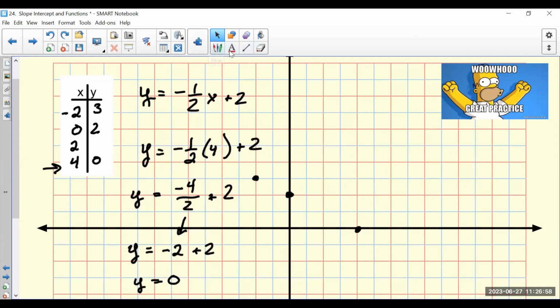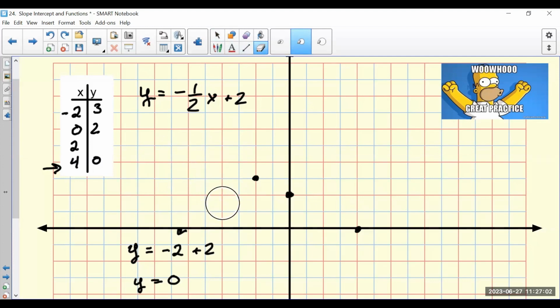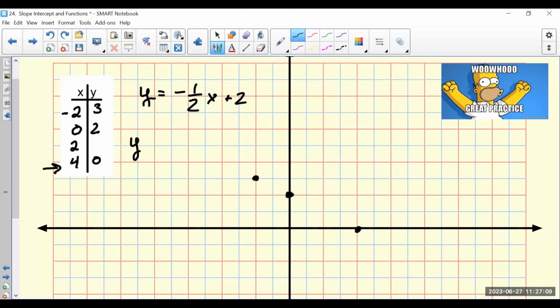Way more sense. Now, just because I messed that one up, let's go back and do 2, because stuff happens. All right. Y is equal to -1/2 of 2 plus 2. Y is equal to -1/2 of 2 would be -2/2 plus 2.